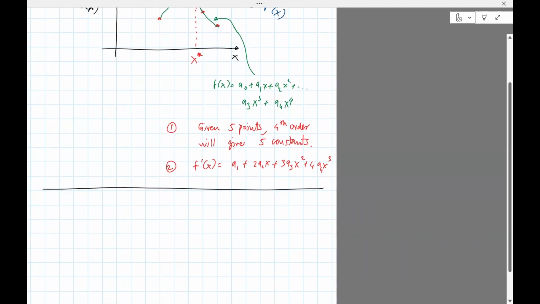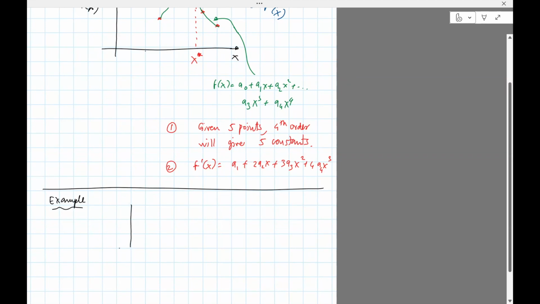So what we'll do is we'll do an example where we have 3 points.